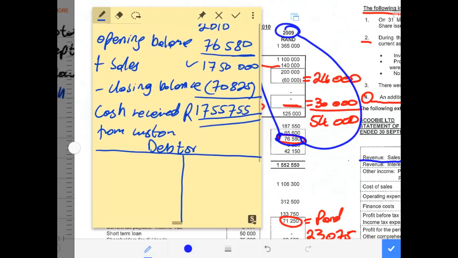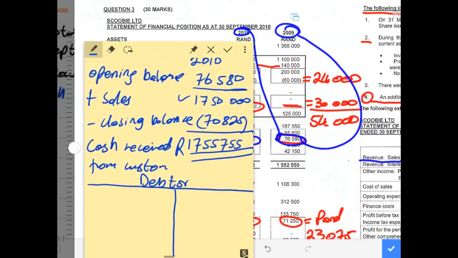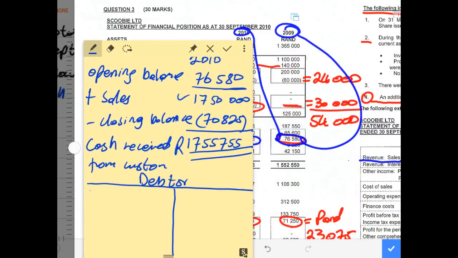The opening balance for debtors will be on the debit side, and it will be 76,580, which is the account receivables in the year 2009, the opening balance of 2010.